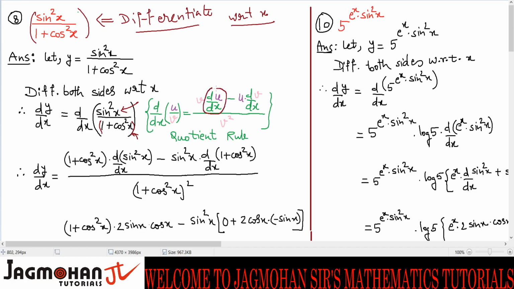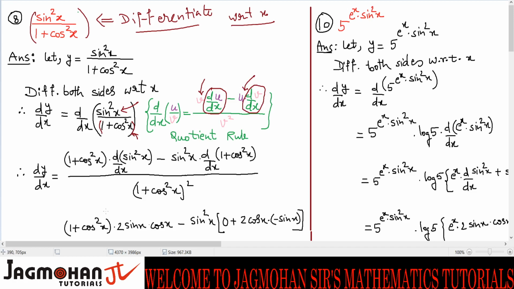So here you differentiate numerator first, d by dx of u, and v is multiplied here. Then next you differentiate the denominator being v, d by dx of v, and you multiply u there, and then denominator is v square. So here u is sine square x and v is 1 plus cos square x. So that has been applied.